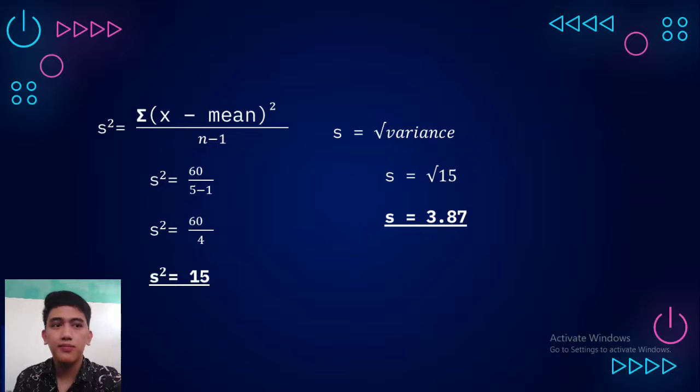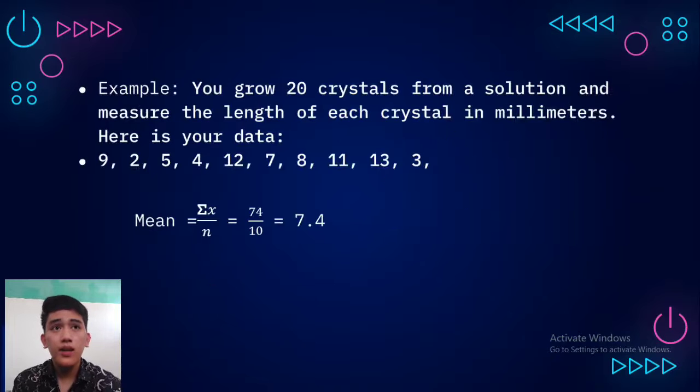Okay, next. Another example. Example, you grow 20 crystals from solution and measure the length of each crystal in millimeters. Here is our data. 9, 2, 5, 4, 12, 7, 8, 11, 13, and 3. Okay? First, we will get the mean, like the other example.